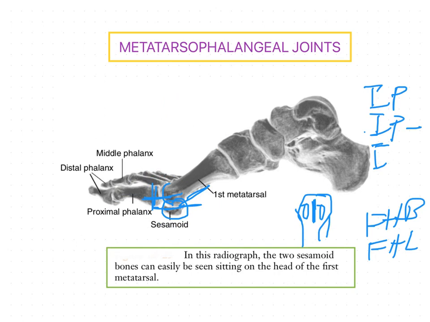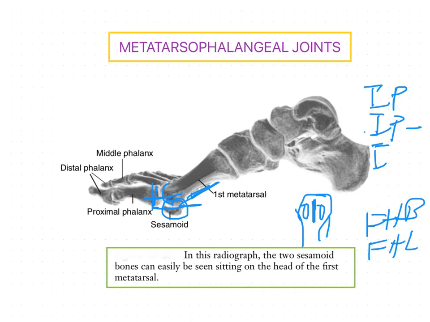The plates of the four lesser toes are interconnected by the deep transverse ligament and the plantar aponeurosis. These are the structures which give stability to the metatarsophalangeal joints.